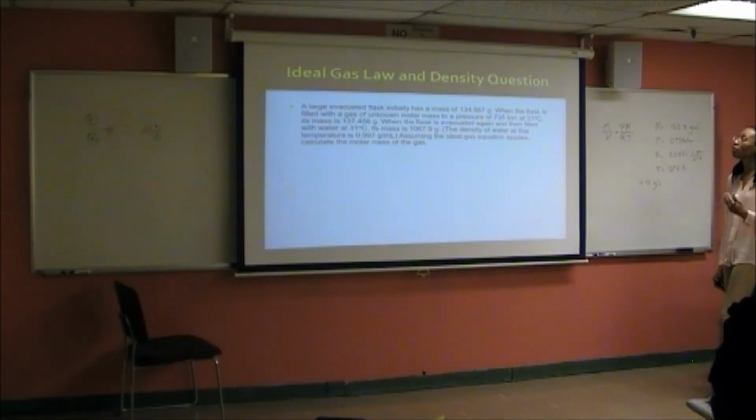Good. When the flask is evacuated again and filled with water at 31 degrees Celsius, its mass is 1067.9 grams. The density of water at this temperature is 0.997 grams per milliliter. Assuming the ideal gas equation applies, calculate the molar mass of this gas.